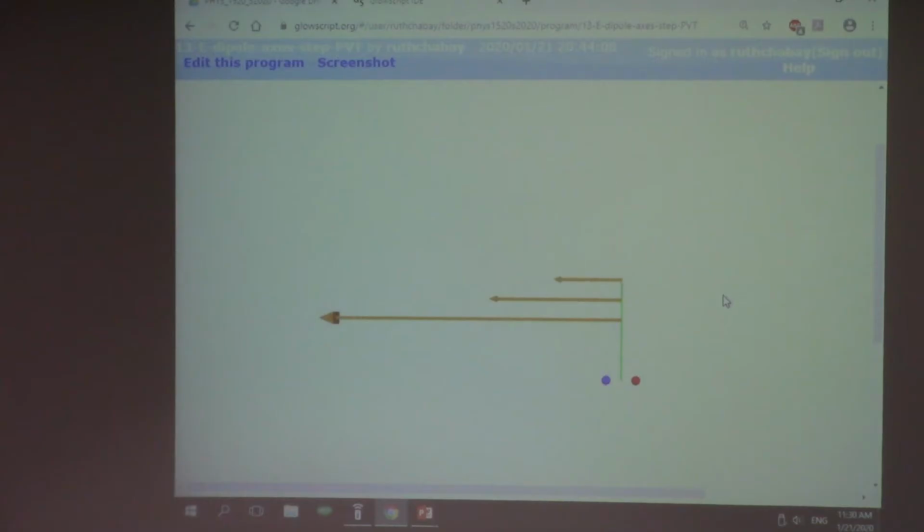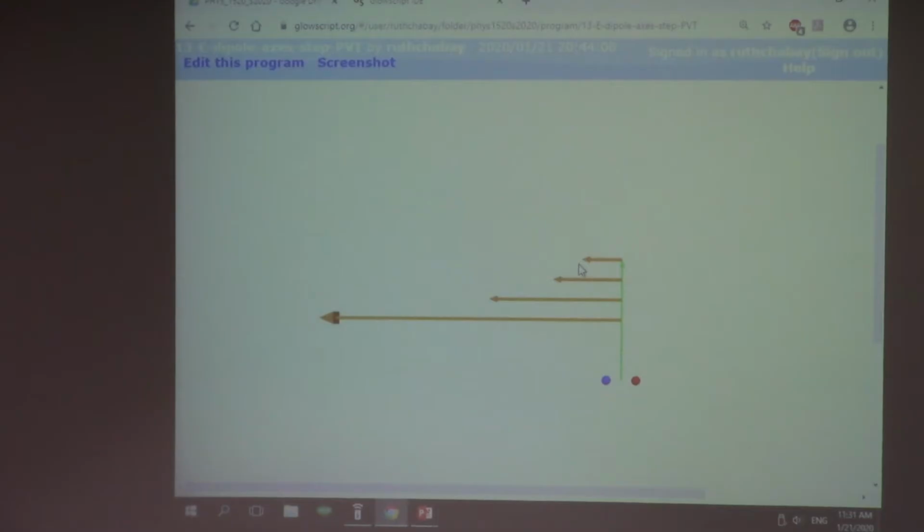Here we've got 1 and 2/3. Here now we are at 2 times d. If this was a 1 over r squared dependence, we'd expect the field to have dropped by a factor of 4.